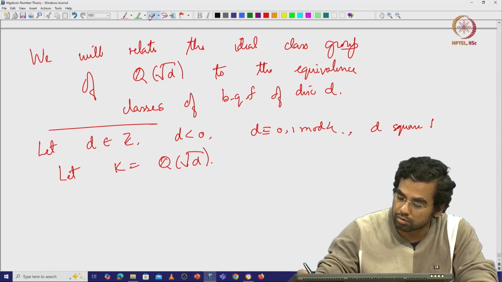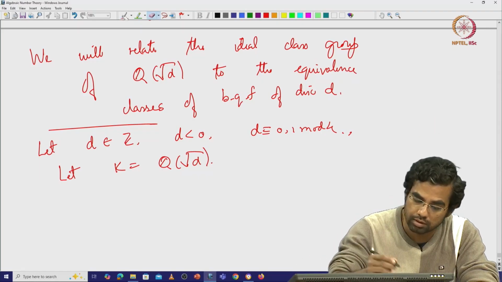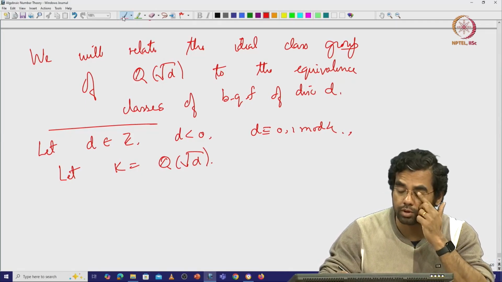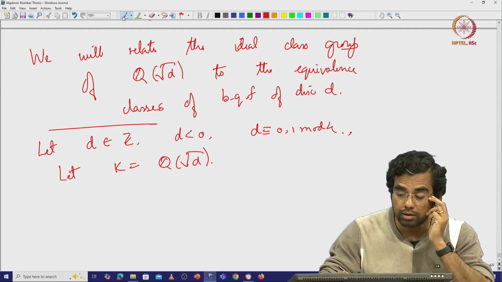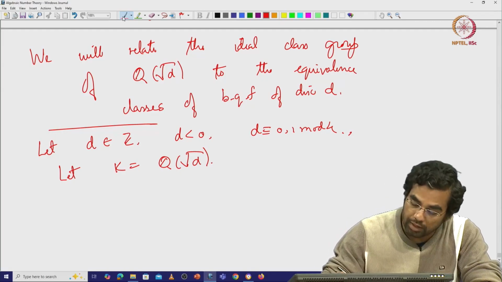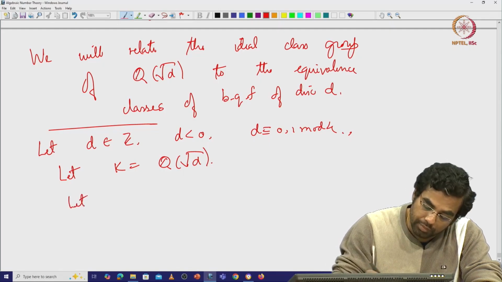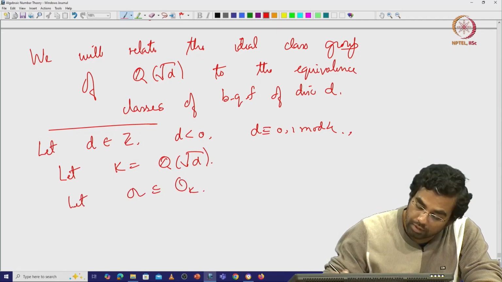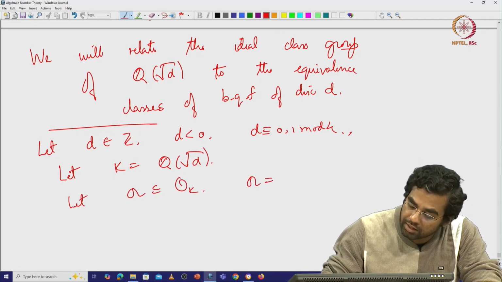Maybe I do not care about square free actually. d is this, because it could be 4 times some square free number, so it could be 0 mod 4. So, let this be as it is. Now, let A be an integral ideal in O_K, and let us say that A is generated over Z by alpha 1 and alpha 2.